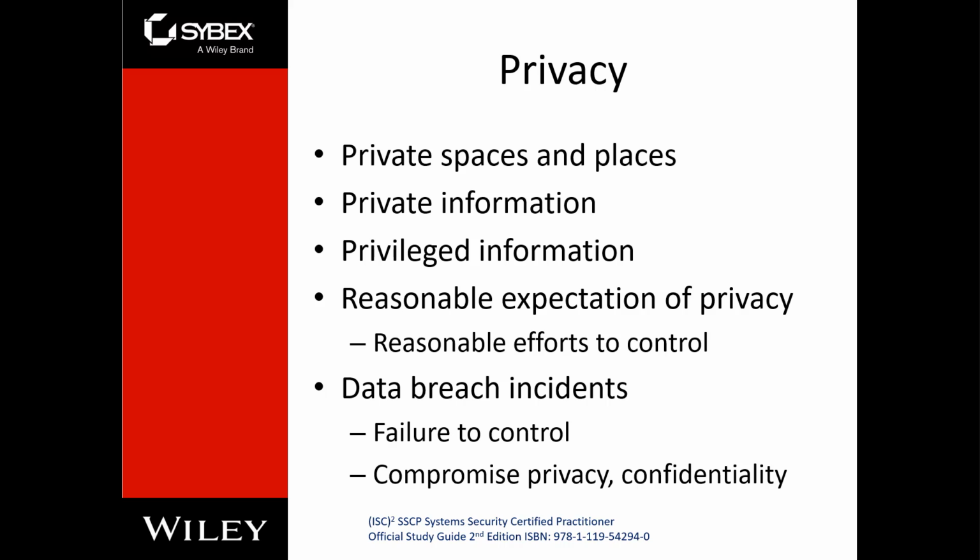Basically, when we are talking about a data breach, that means the privacy has been compromised. The confidentiality has been compromised. That means an individual or organization has lost that privilege of that privacy. When we're talking sales data, that could be the consumer privacy, and it could also be the organizational privacy to keep those records private.